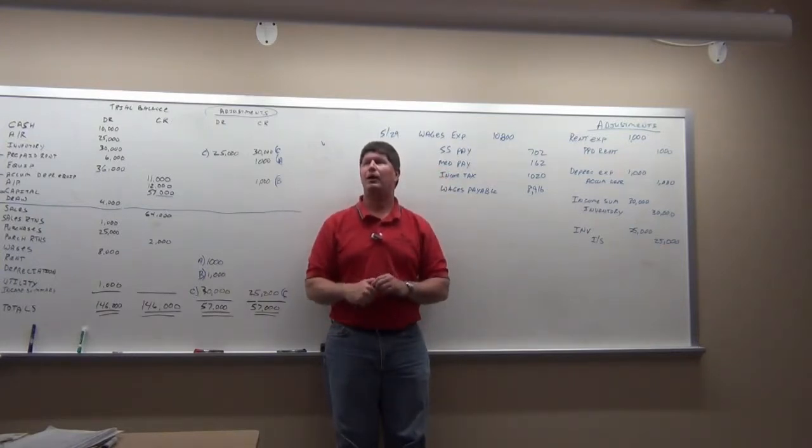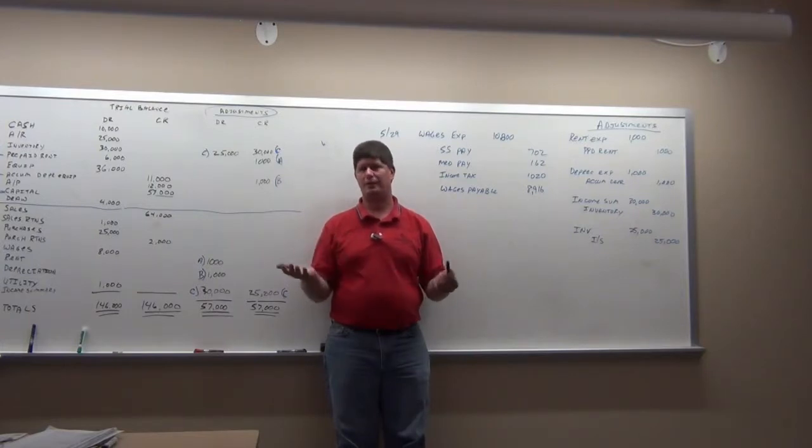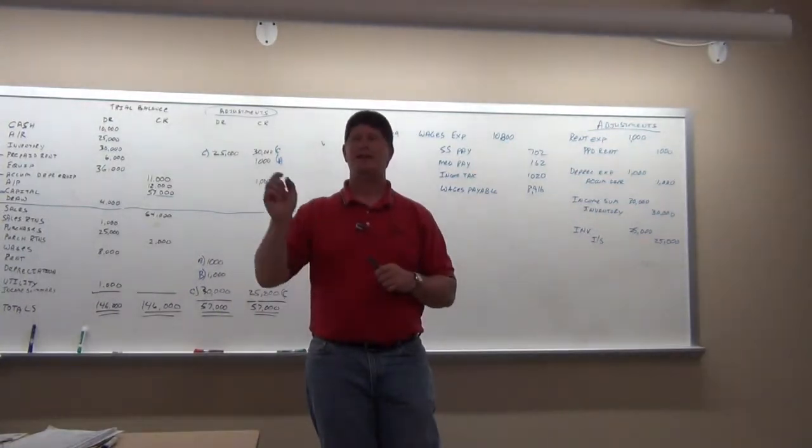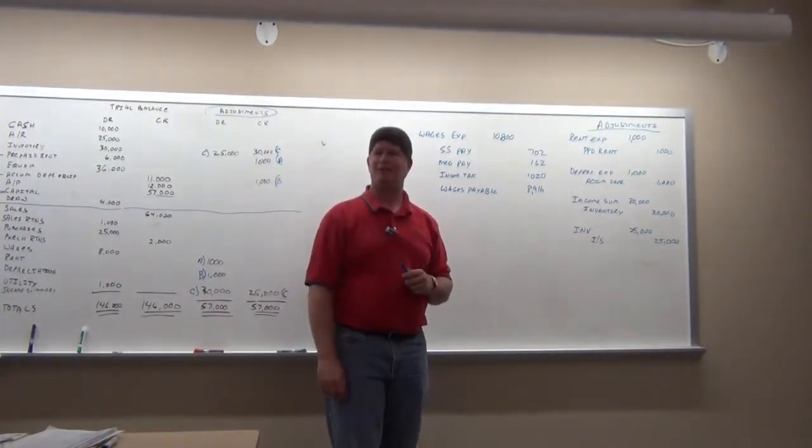Now, later on, it says paid the payroll. And how did we pay the payroll? We wrote them checks. So if we wrote checks, which journal does it get entered in? Cash payments journal, exactly.